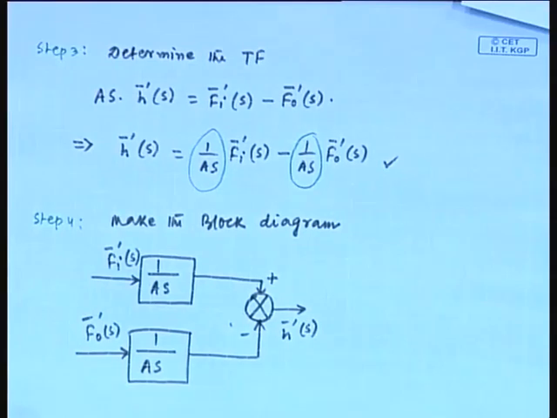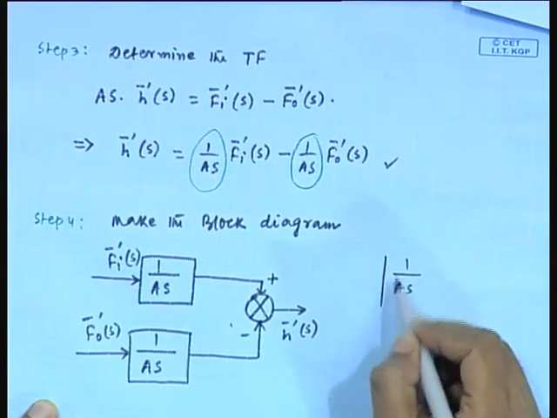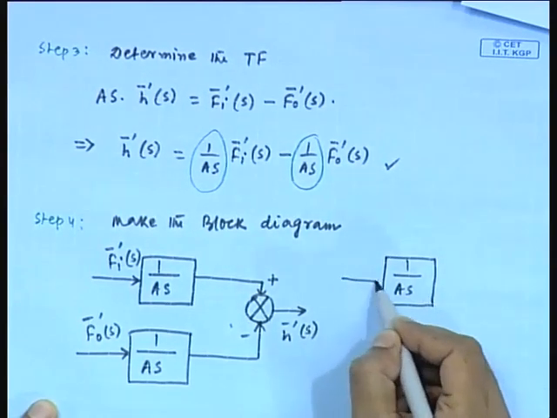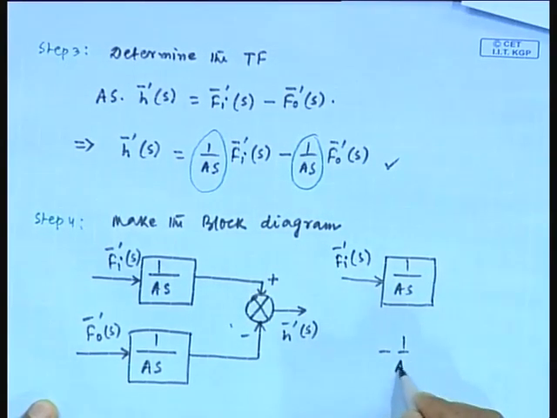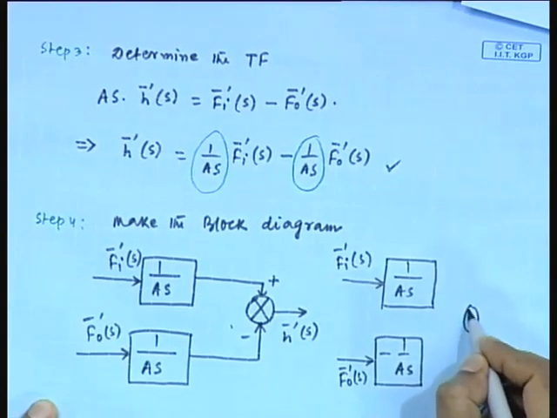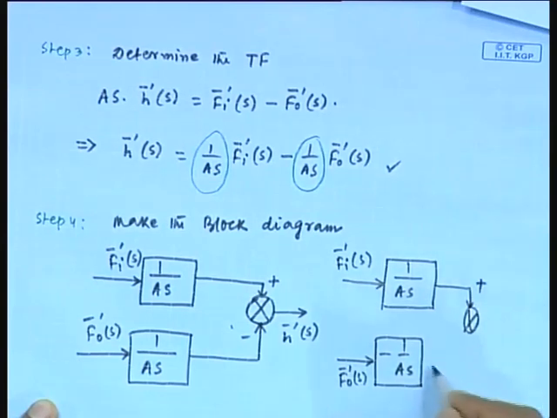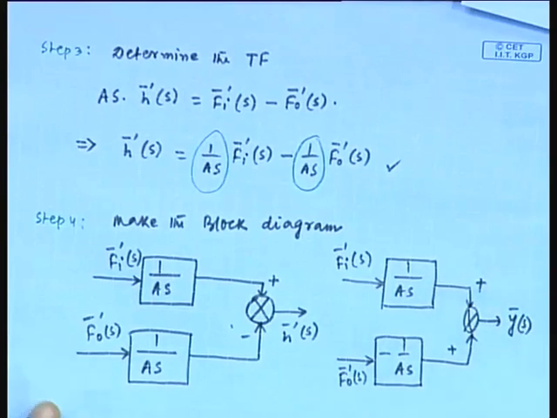Or you can do one thing, if you want to consider minus 1 by A s as the transfer function, then we can get this block diagram: f I bar prime s and another transfer function minus 1 by A s with f naught bar prime s. We are adding both of these outputs and we can get h bar prime s. Fine. This block diagram also we can get.